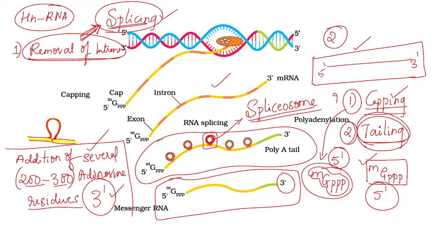What is mature mRNA? It is the RNA obtained after the process of splicing, capping and tailing. After splicing, capping and tailing, whatever mRNA is obtained is called mature mRNA.